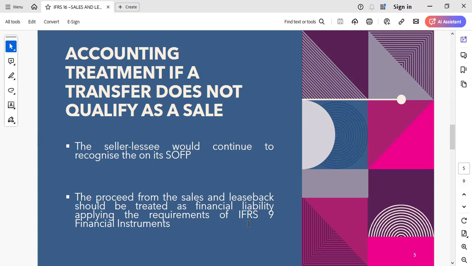So instead of recognizing a lease liability, you recognize a financial liability because you received a loan instead of selling an asset and leasing it back. So if the transfer doesn't qualify, these are the two steps in the accounting treatment.